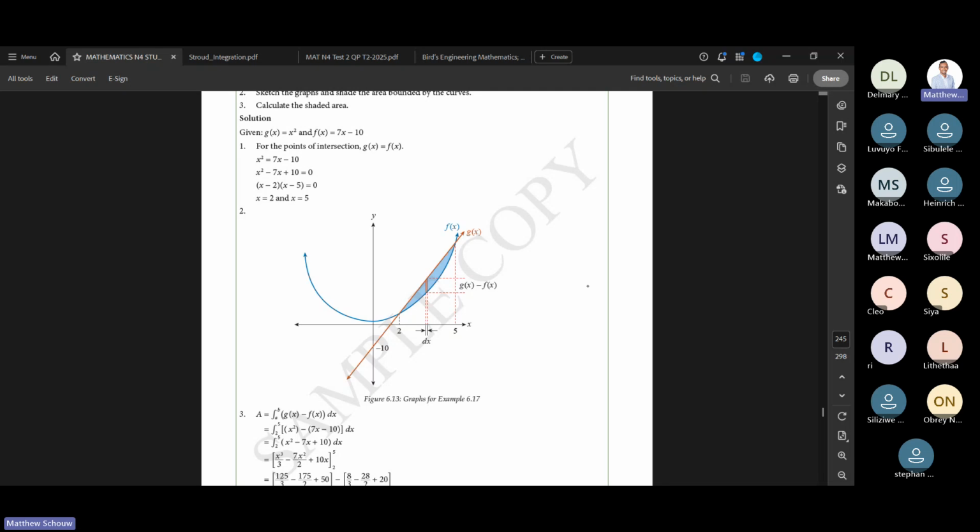Can you see how they confuse these two notations here? They're calling the parabola f of x. You see that there? They made a mistake here. You must go tell whoever that person is. That's g of x, and this is f of x.